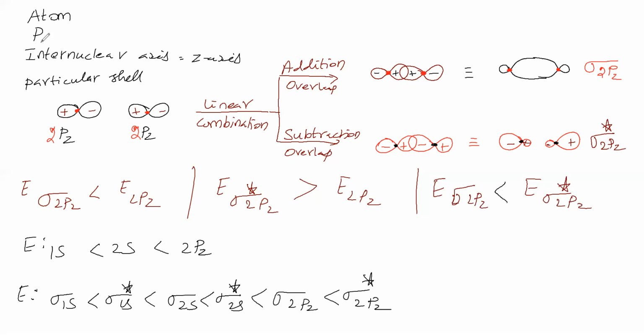Now we will take the py orbital. The py orbital is perpendicular to the internuclear axis, which means it is perpendicular to the z axis.